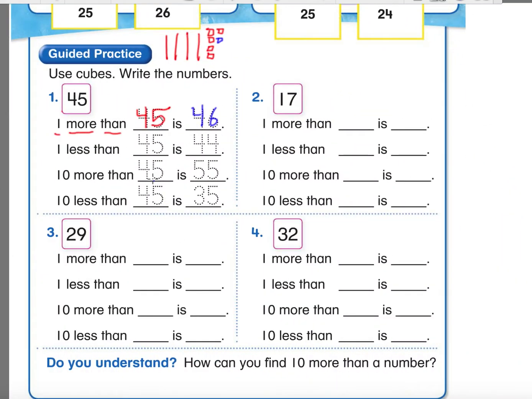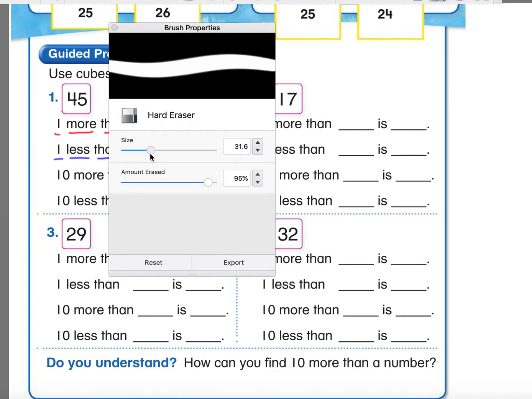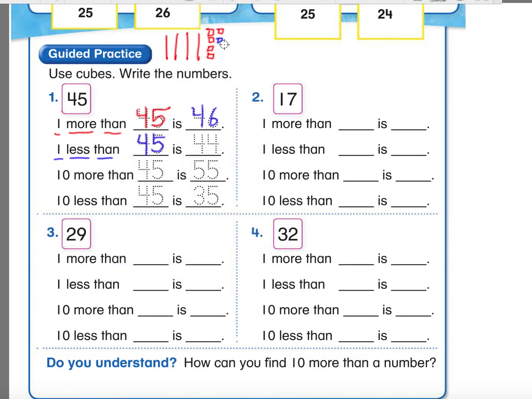So let's check out the next one. Next, I want one less than 45. Now, one less than 45, what we can do is we can cross out something on our picture. I'll get rid of this one here.